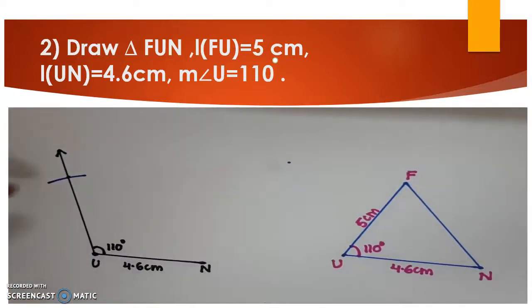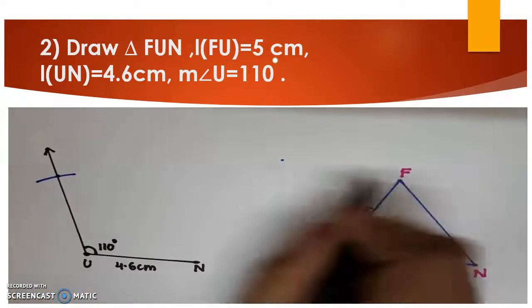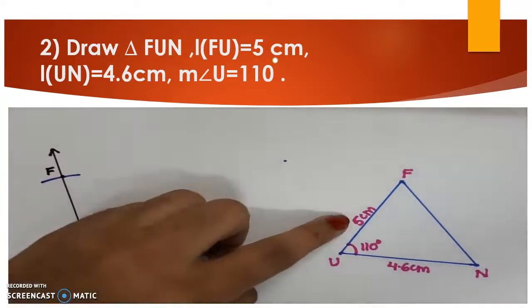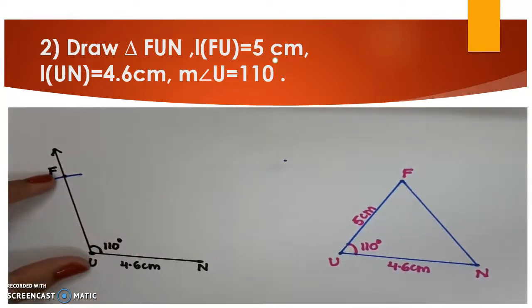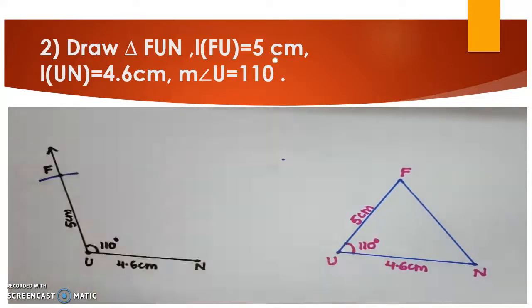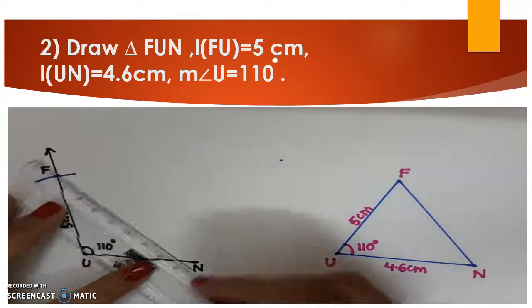Where this arc has intersected this ray, this point we will label as F. Now our FU is 5 centimeter, so on this segment we will write 5 centimeter. And after that this point F we will join with point N.